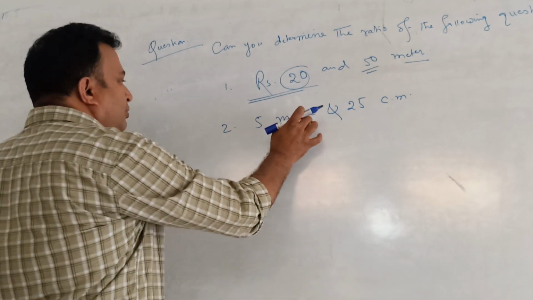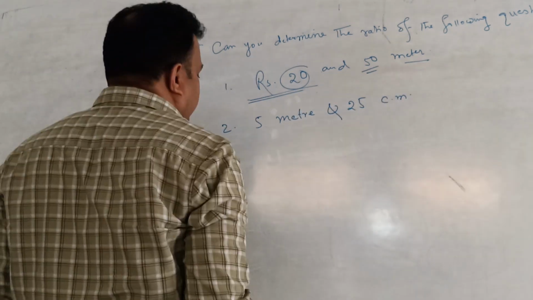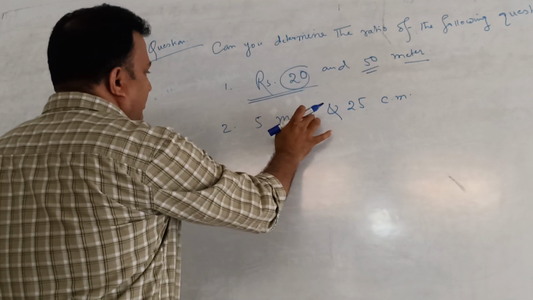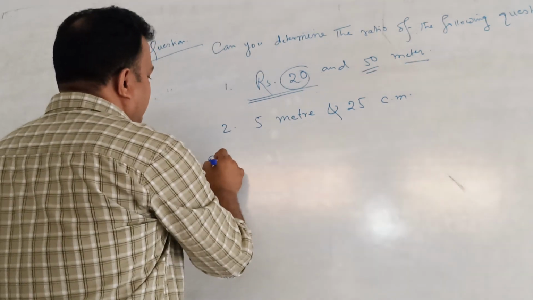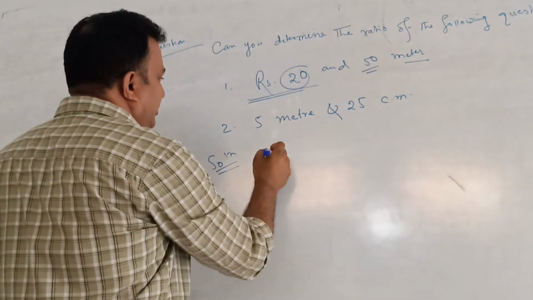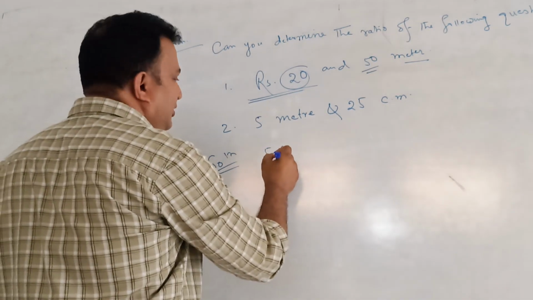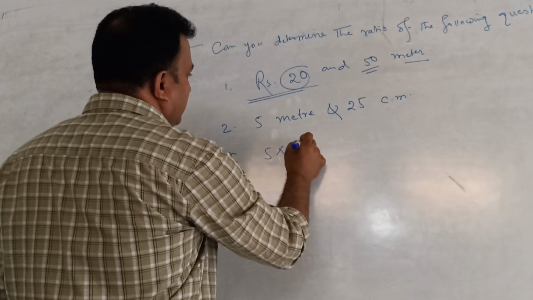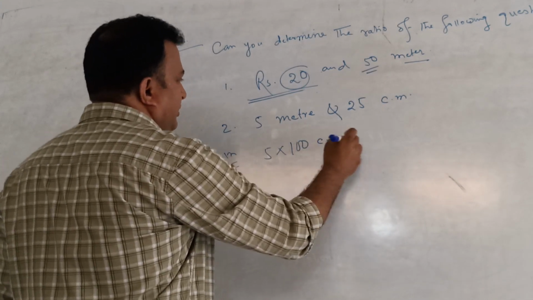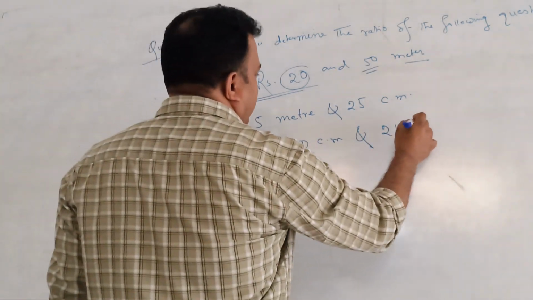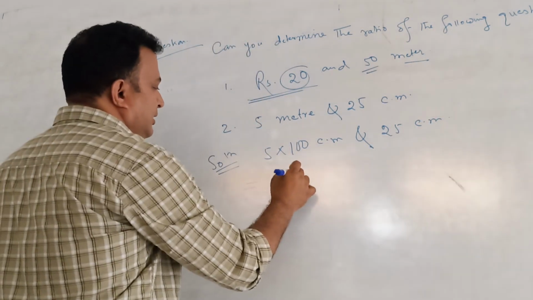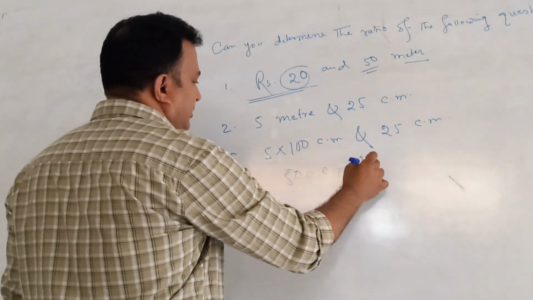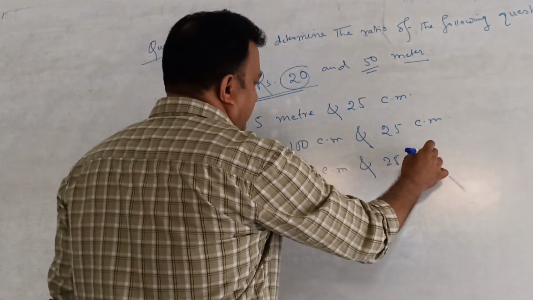Although these two units are different, we can convert meter into centimeter. We can convert it: 5 into 100 centimeter, that is 500 centimeter, and 25 centimeter.